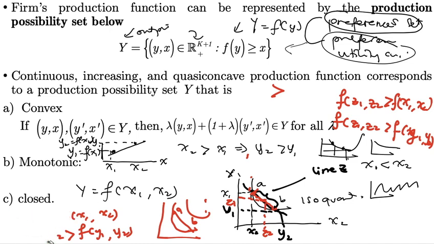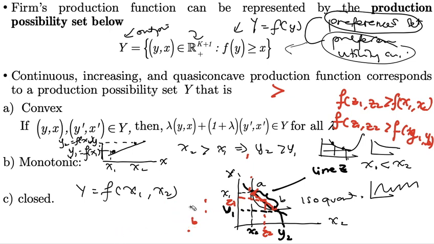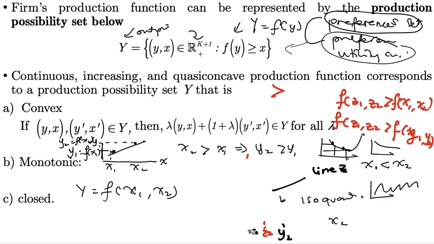I want to talk more about this concept. The one that I'm explaining here is much simpler compared to the one in the textbook, because in the textbook, the writer explained the concept of production possibility set first, and within the production possibility set, we can have many different types of isoquant or production function. That's what it means.